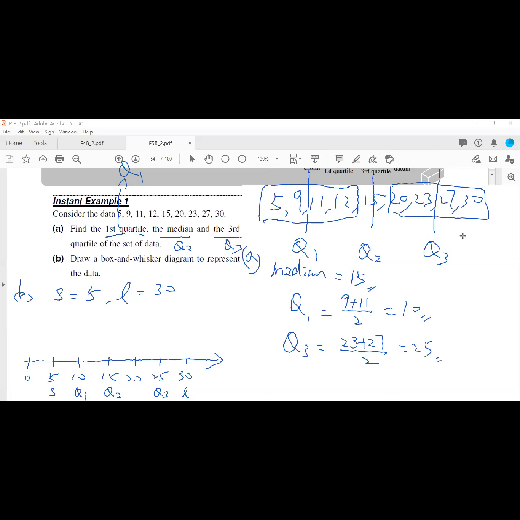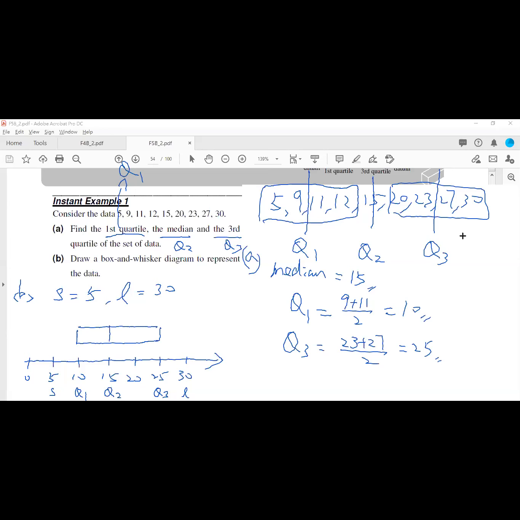Okay? We draw the rectangle first. The left-hand side of the rectangle should be on the Q1. The right-hand side of the rectangle should be on Q3. And then draw the rectangle like this. And then we need to add a line at Q2. Q2 is 15, is here.